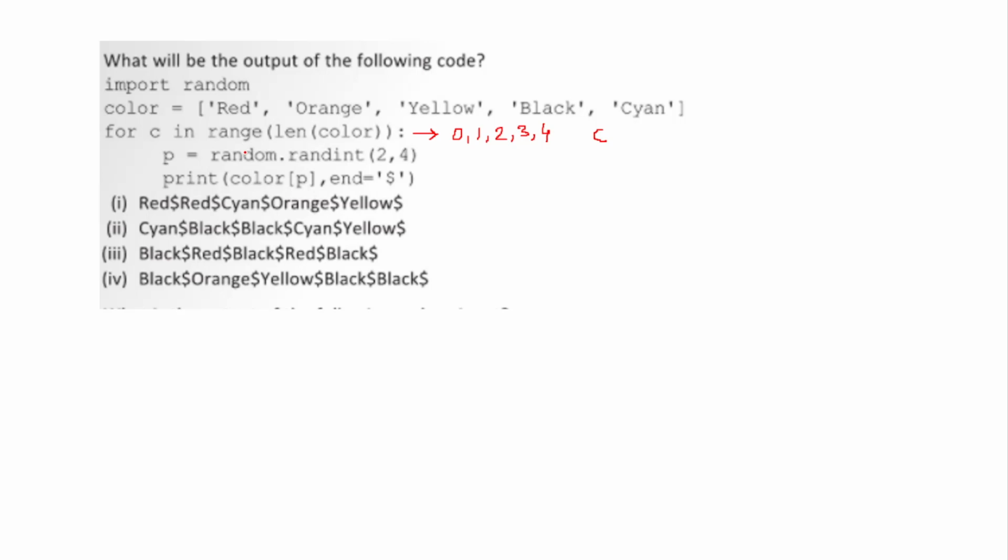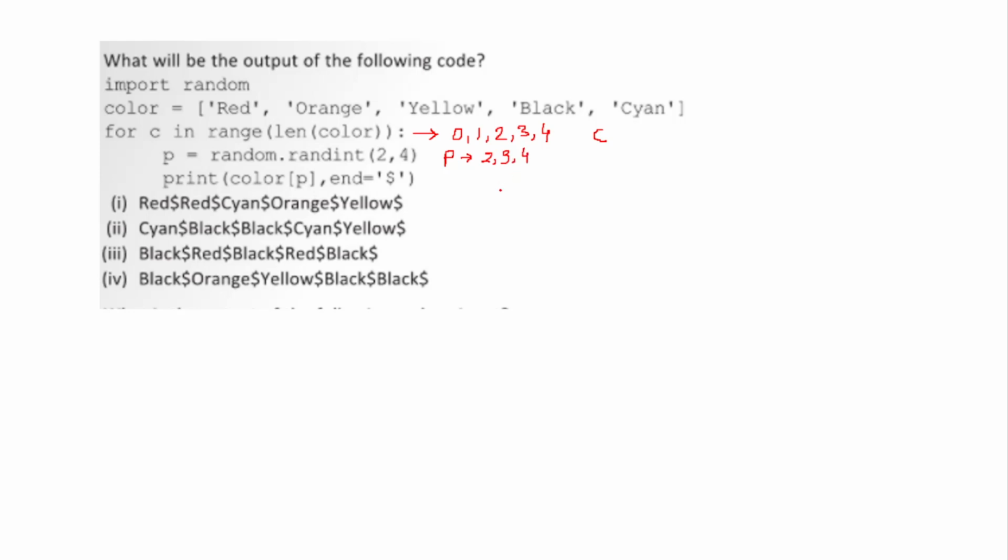Now here we don't see C playing any role in the further two lines. So we can say that this loop is going to run 5 times. Now P is equal to random dot randint 2 comma 4. That means the value of P is amongst 2, 3 and 4.